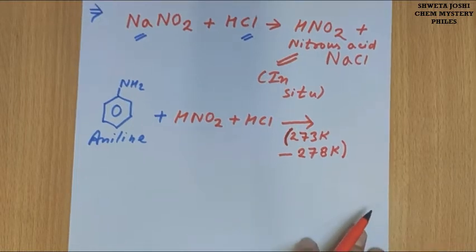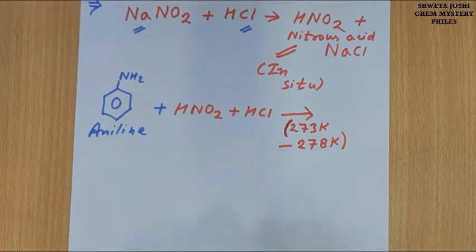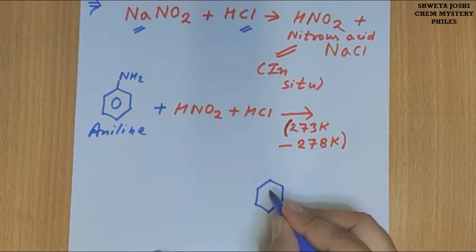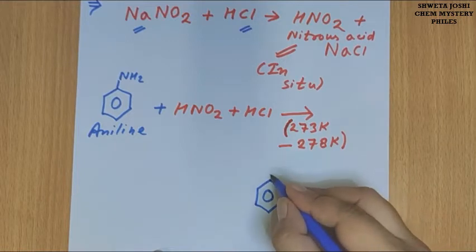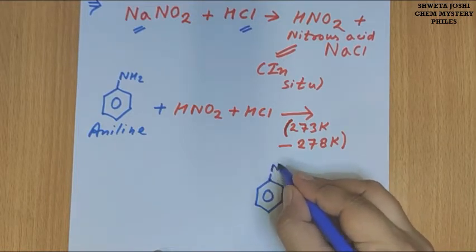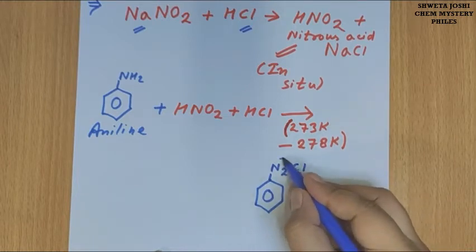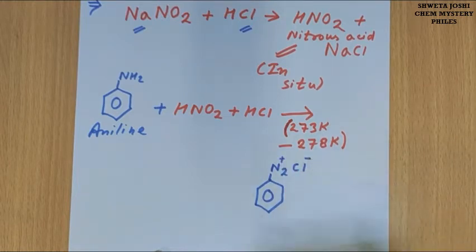Now in this reaction, there will be formation of a benzene ring having N2Cl, N2 positive, Cl minus part.